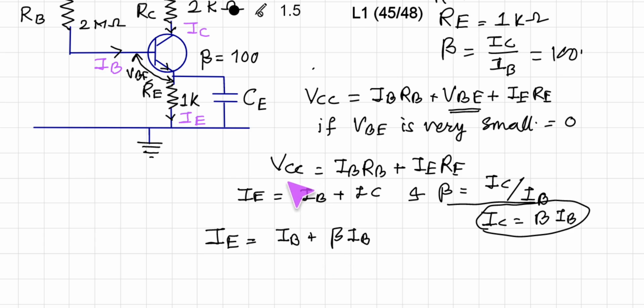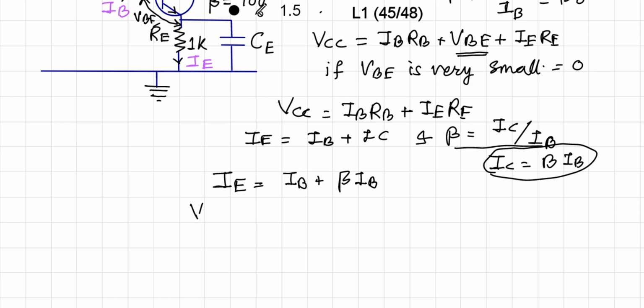So now we already have this relation, VCC is equal to IB RB plus IE RE. But we saw IE is equal to IB plus beta times IB. So we are putting this value here. So we get VCC is equal to IB RB plus, for IE, IB plus beta times IB, into this value RE.